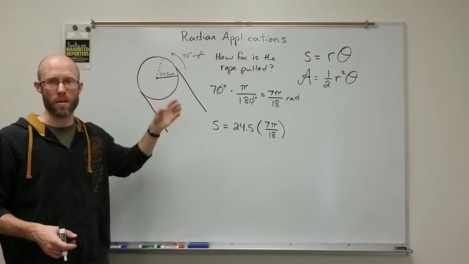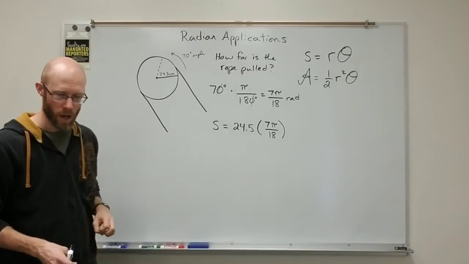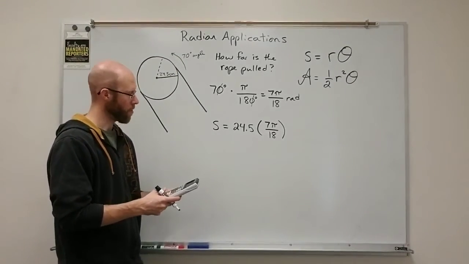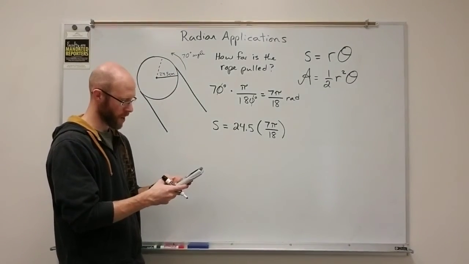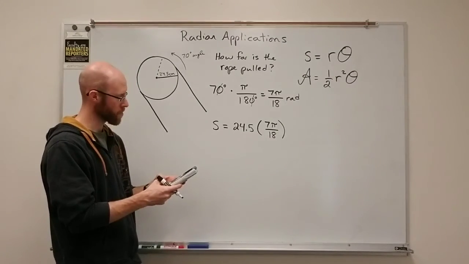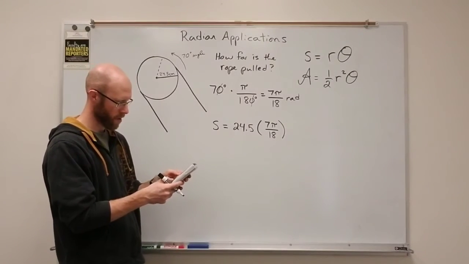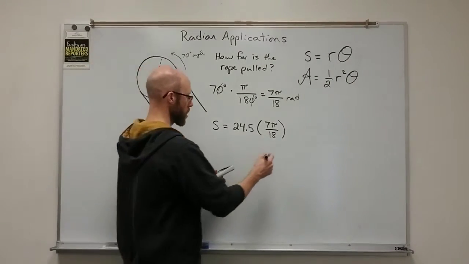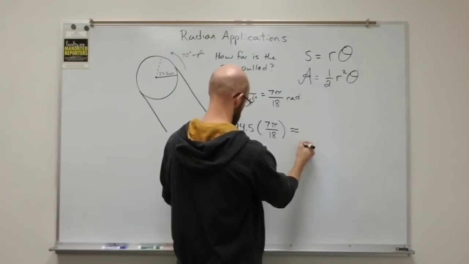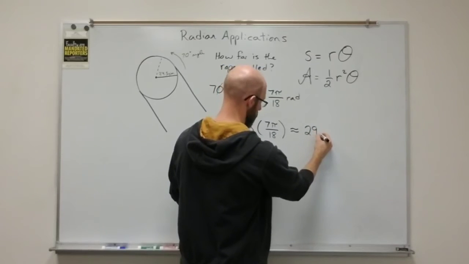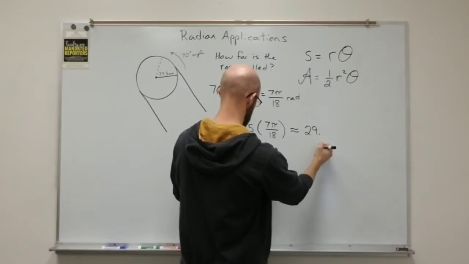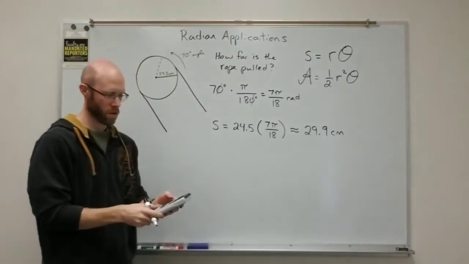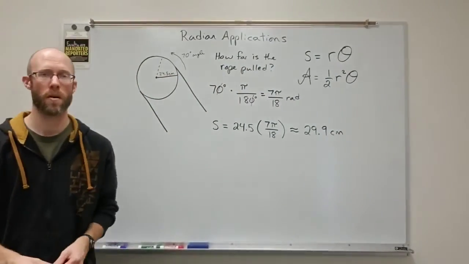So I want to keep the same significant figures. I'm going to go 24.5 times 7 pi divided by 18, and I'm going to get approximately 29.9 centimeters.